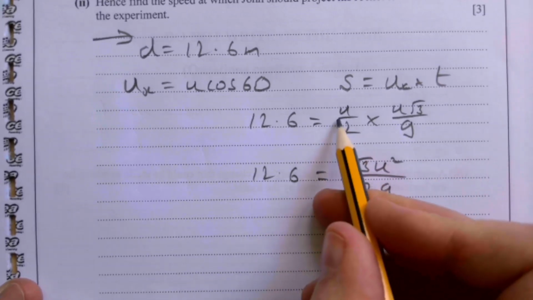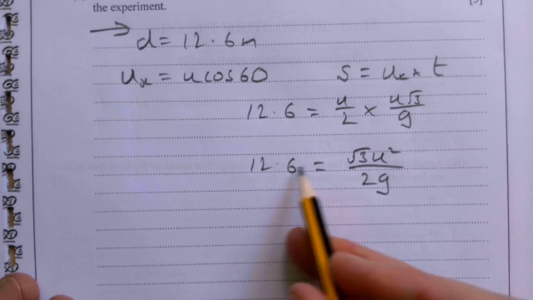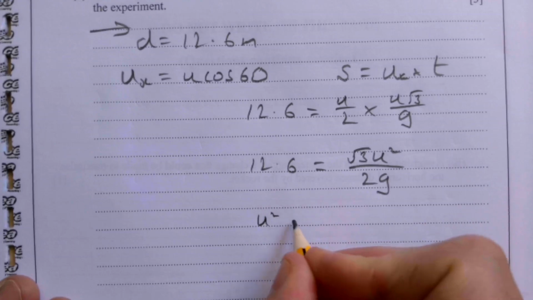Do you see what I've done there? I've multiplied this by this. So I'm going to times this by 2g, then divide by root 3, and then find the square root.